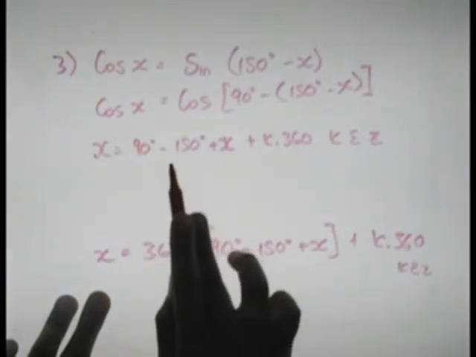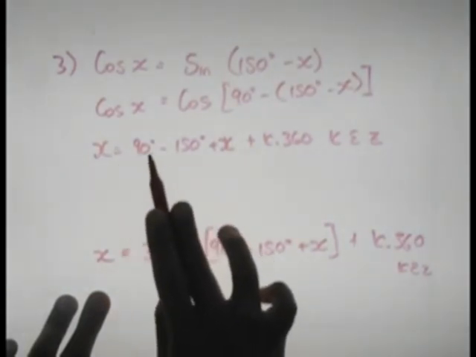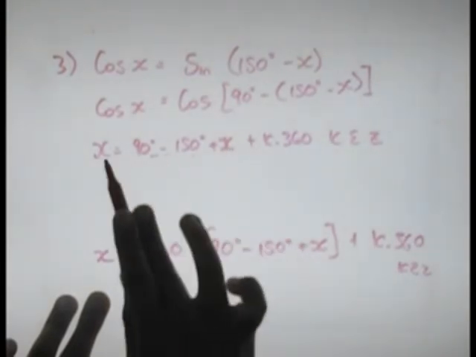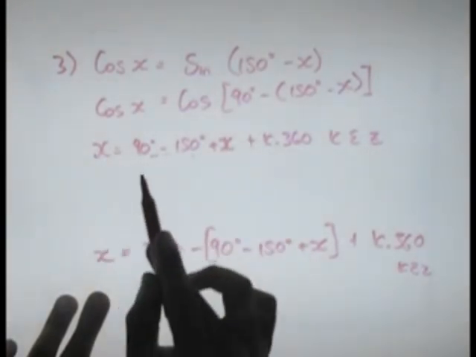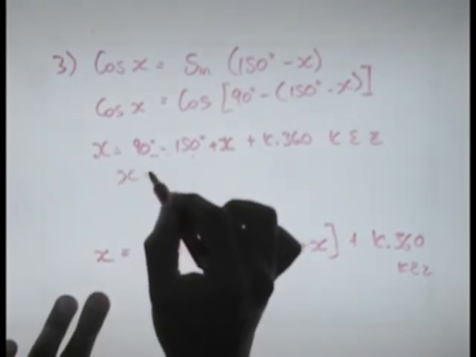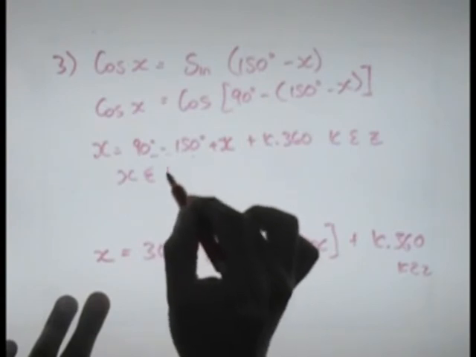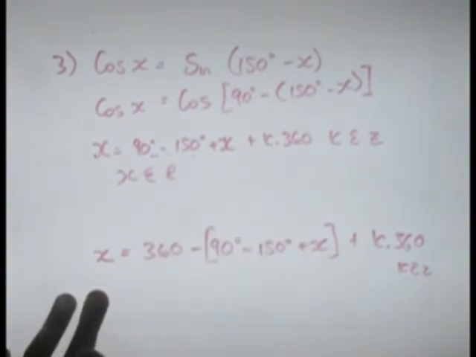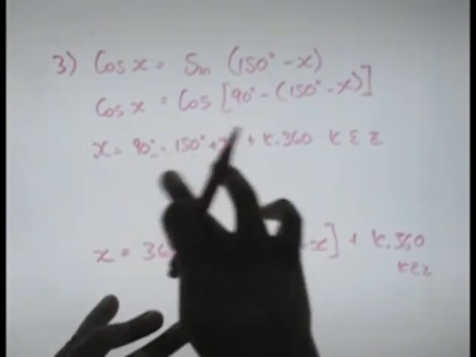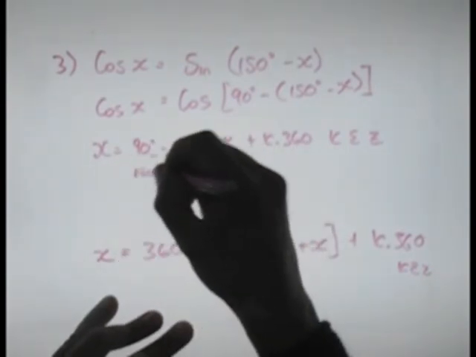This is going to be x is equal to 90 degrees minus 150 degrees minus x. Take the x across, it becomes x minus x is 0. So for here, x could be anything, x is an element of reals, or rather, for this one, we're going to say that there's no solution.